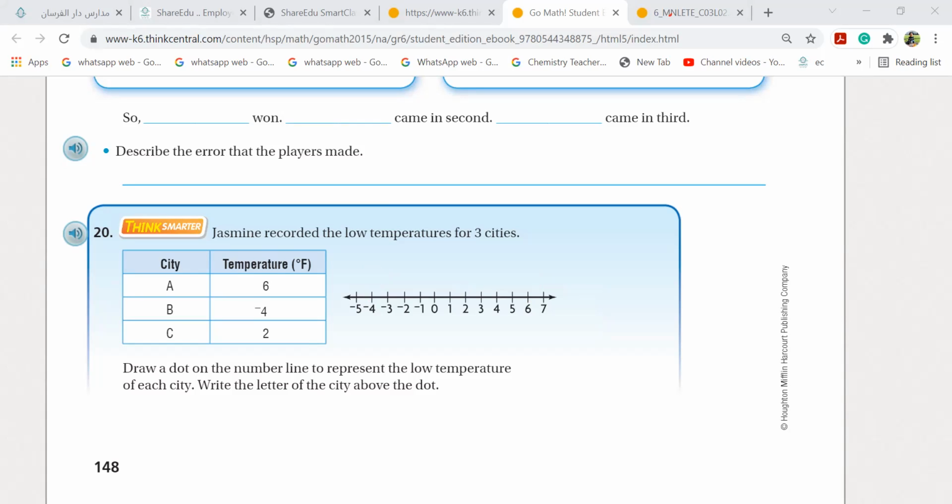Compare and order, simplify fractions. Very good. I will first explain compare and then we'll go to simplify, okay? That is 2.2 and 2.4.